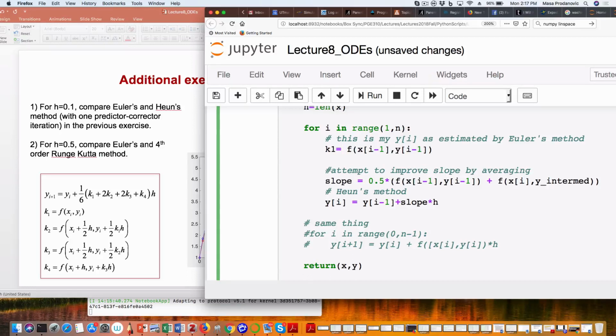This initial slope from Euler's method is actually here called K1.